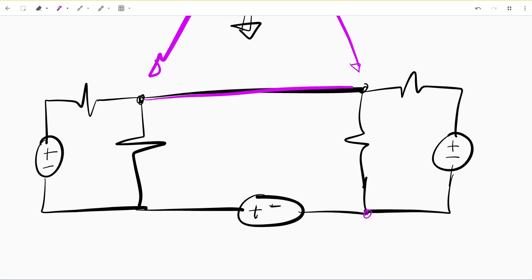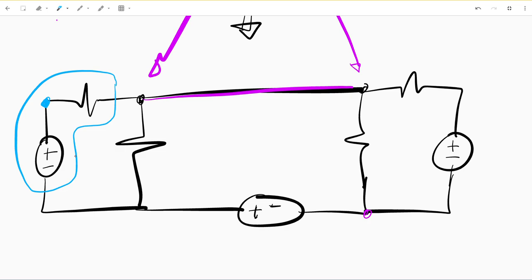Next, we'll realize our in-series connections and our parallel connections. We first say that this here can be considered in series, again, because they share an ordinary node.